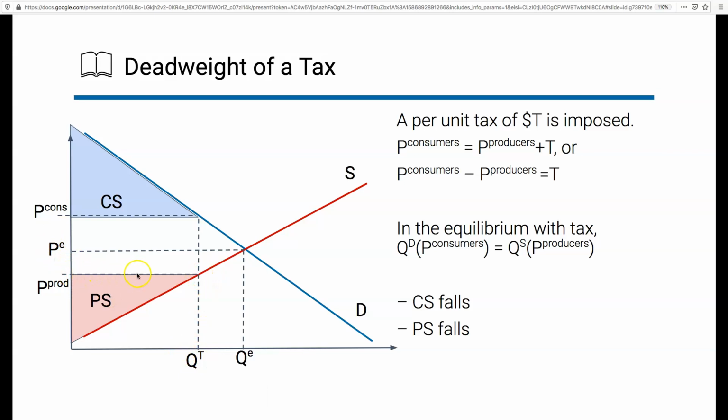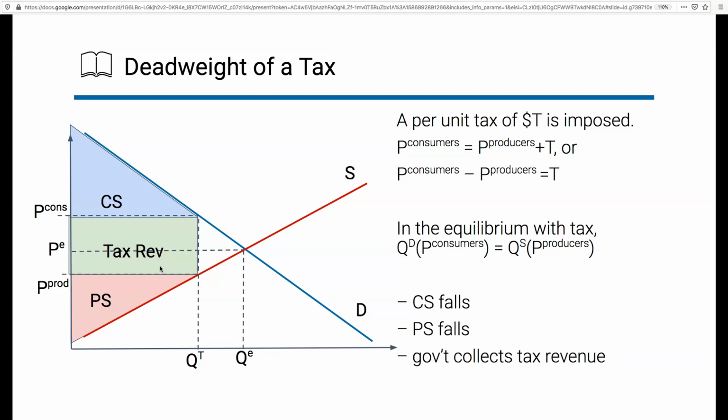So graphically, it's this length. And the tax that the market participants pay to the government corresponds to $T, and it equals the length of this vertical bar. So the area of this large rectangle here would correspond to the tax revenue of the government.